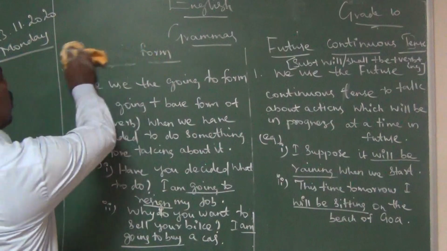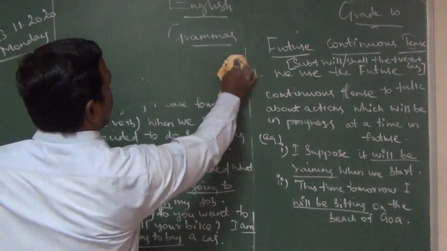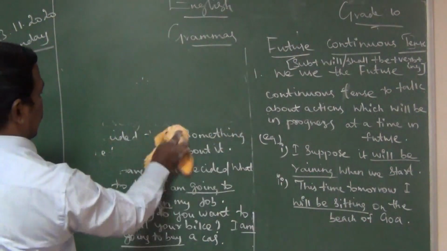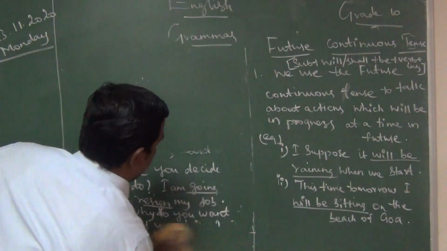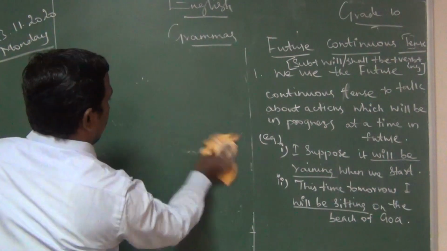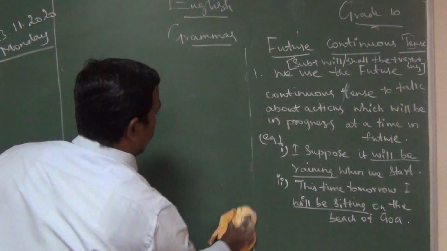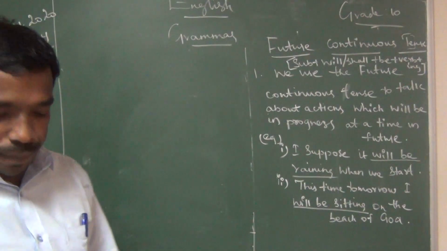We have one more rule for future continuous tense. Write fast, a little bit fast, take it down.